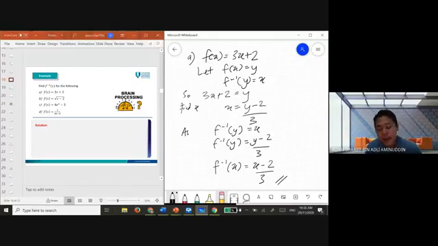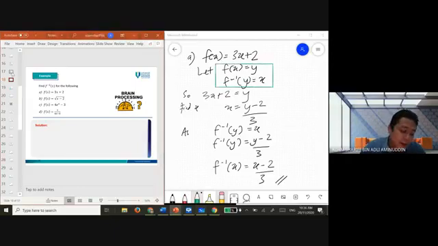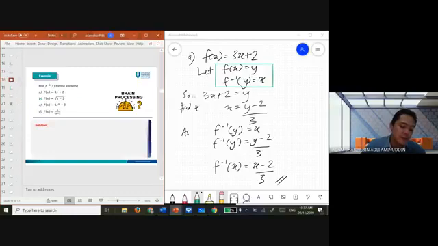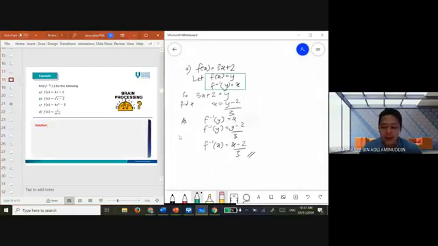I showed this step by step in detail. The basis is you let, as I see in the steps Nadam Fatihah put here: replace f(x) with y, interchange x and y, and solve for y. You get f inverse y equals x. So in terms of x, it is (x minus 2) over 3.